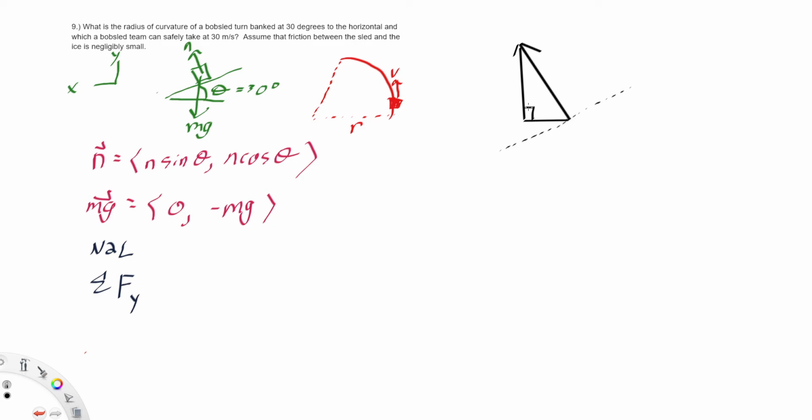So there's the larger ramp that we are on. If this is theta here, alternate interior angles tells us that this is also theta.